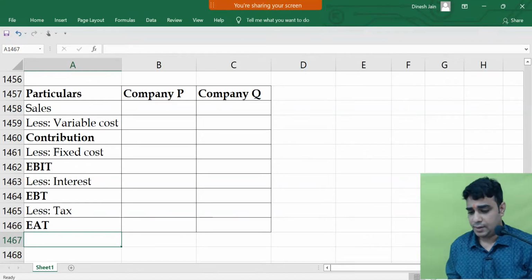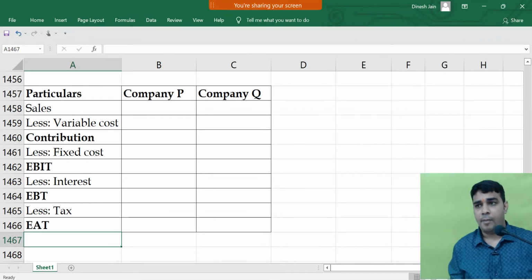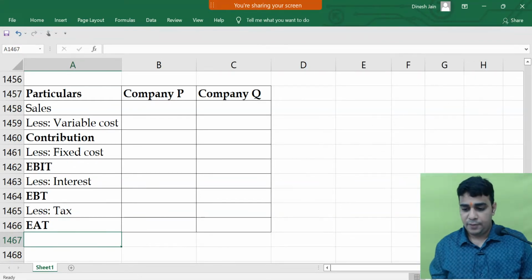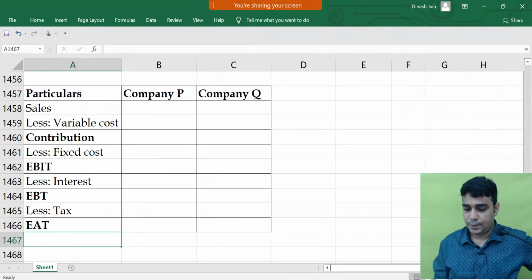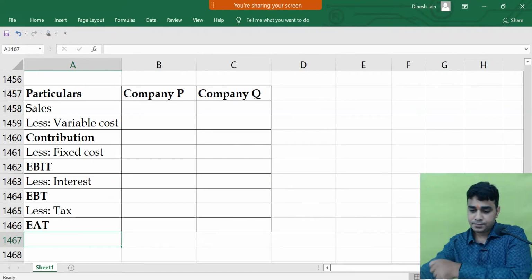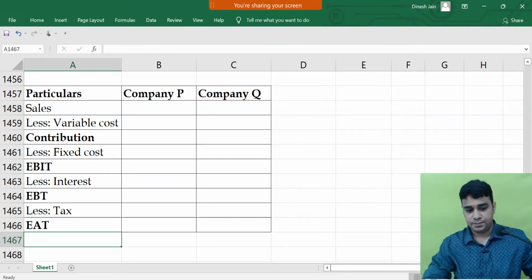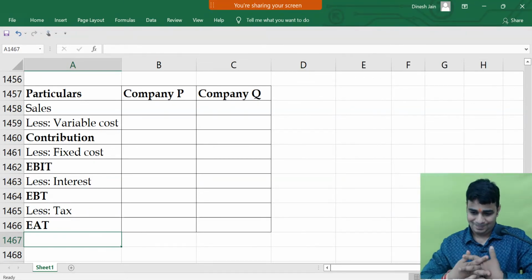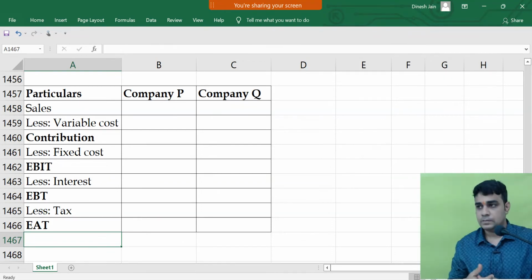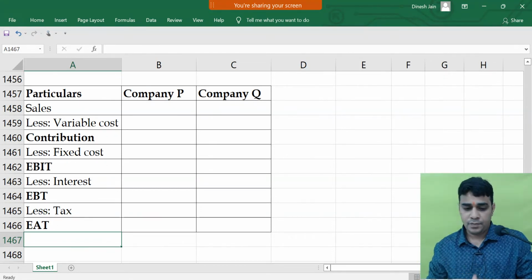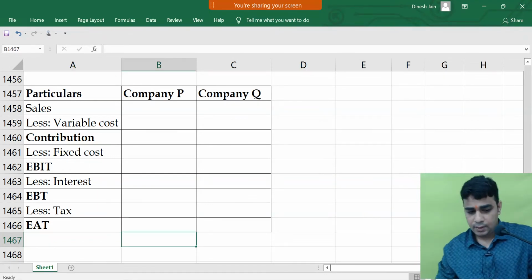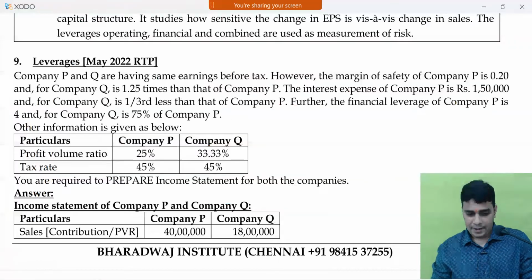There will be a few challenges in this question. It's not a straightforward, direct kind of question. EBIT? No, I'll come to it. So this is the format.